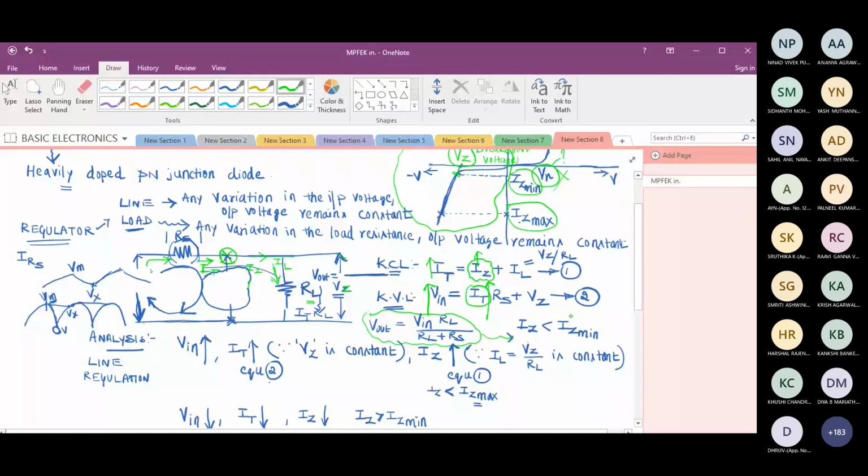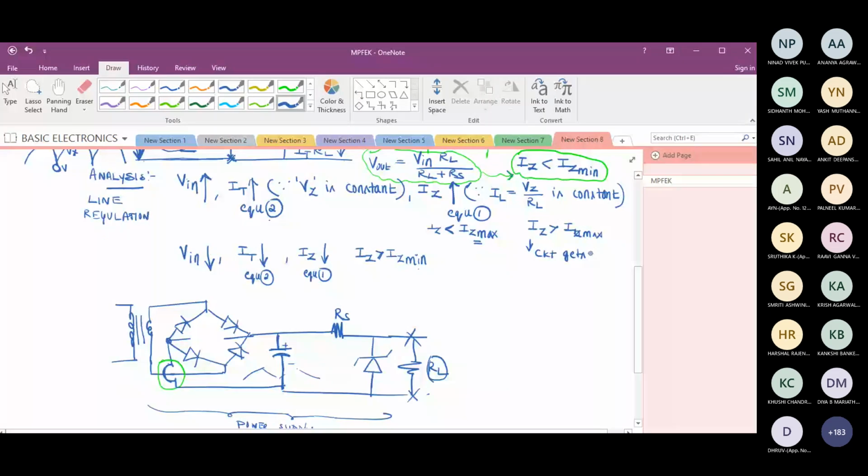And if IZ is greater than IZ max, I'll write here, what happens? The circuit gets destroyed or damaged. I hope this is clear.